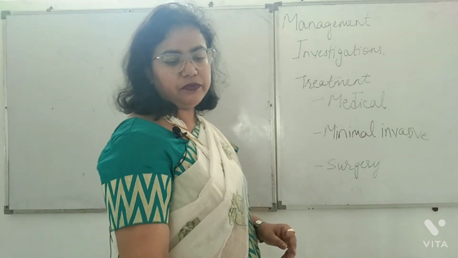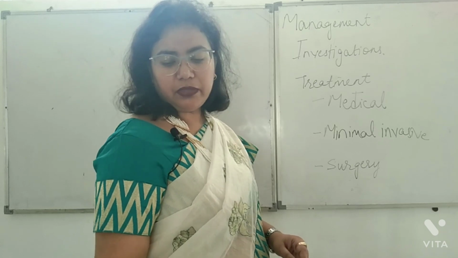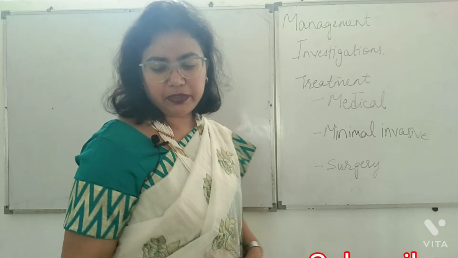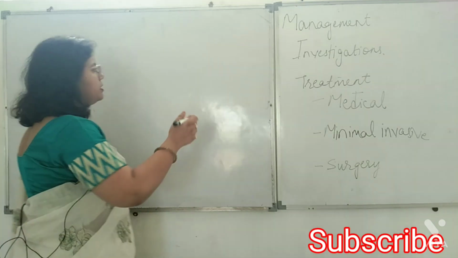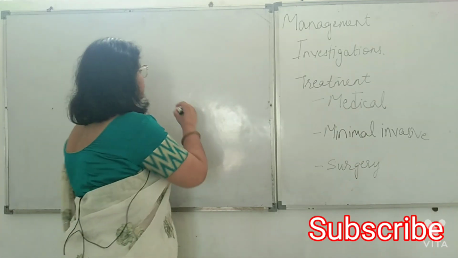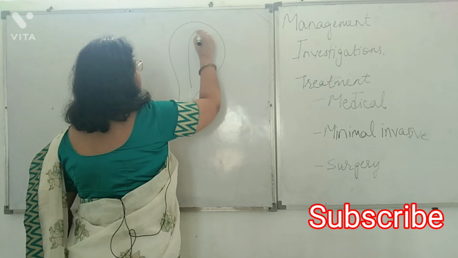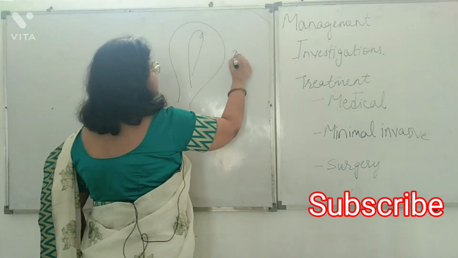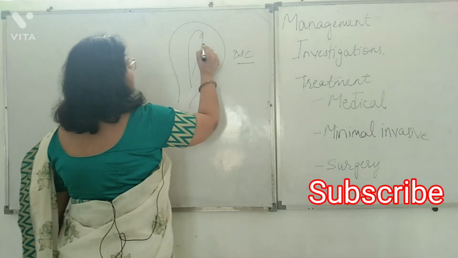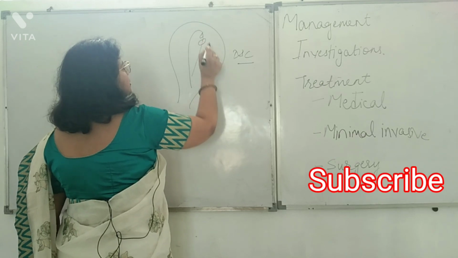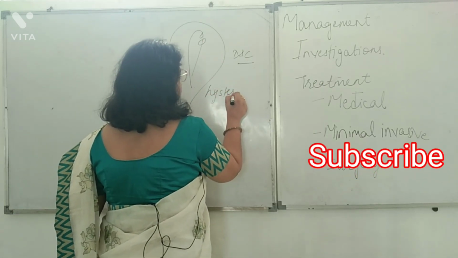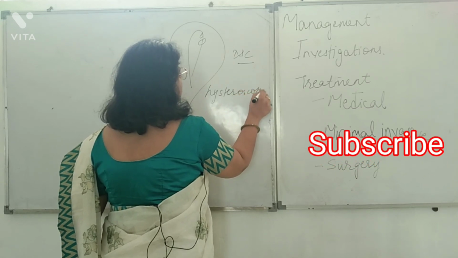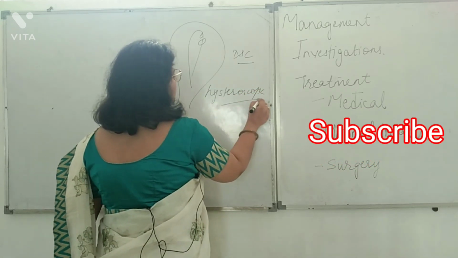Now, what are the various minimal invasive treatments which are present? Number 1, if it is only a submucous fibroid, you can go for either D and C, or if it is embedded, you can go for hysteroscopic myomectomy under direct visualization.